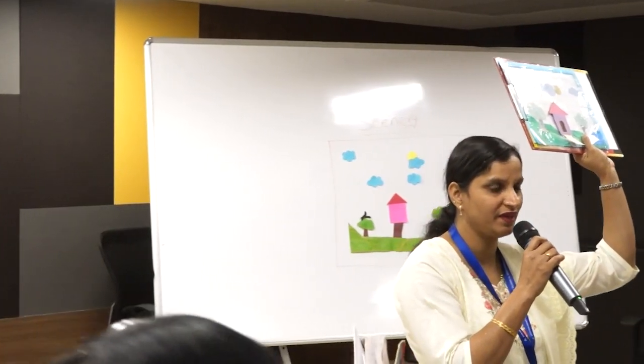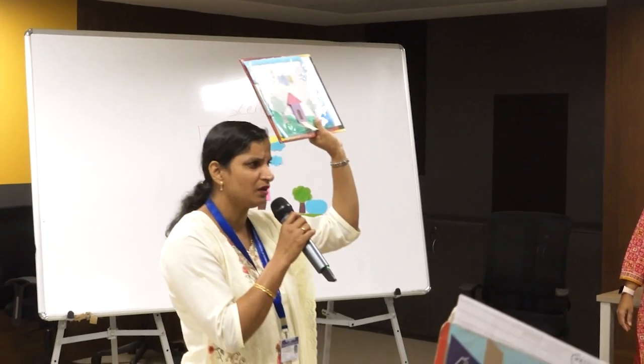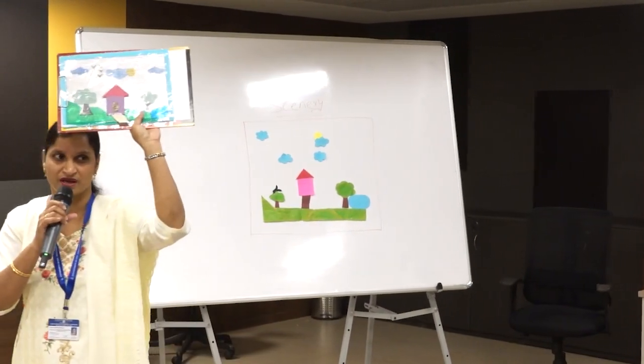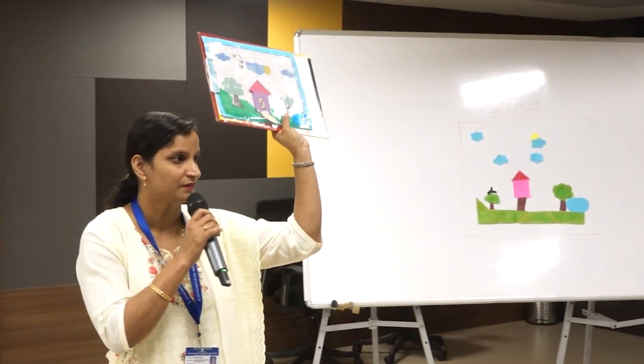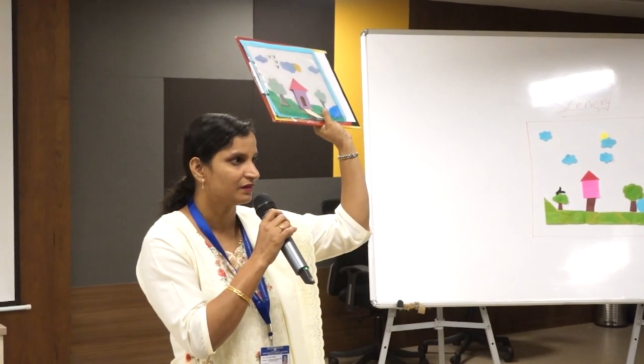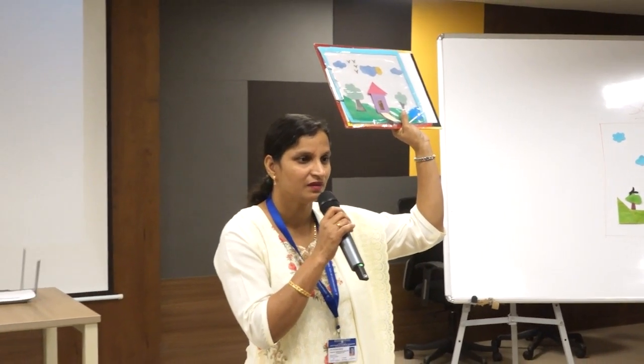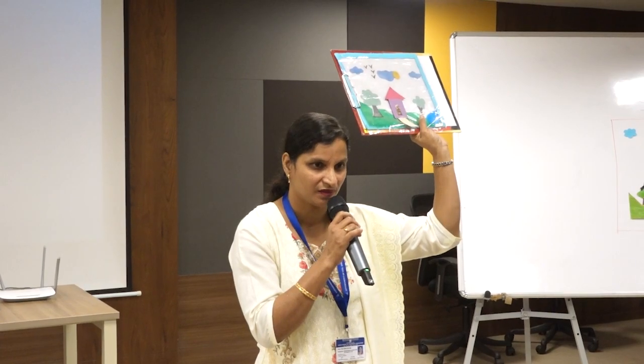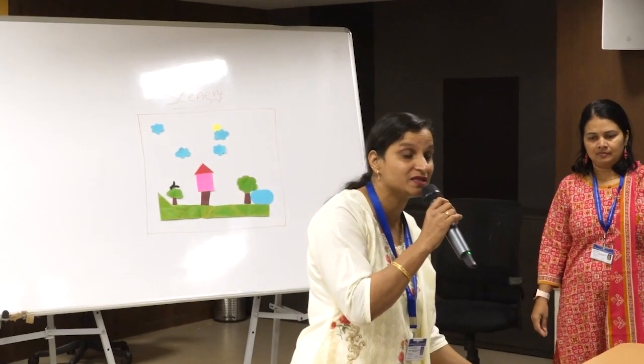Using transparent sheets, isn't it? Now in this scenery, similar to what you have done, can you tell me what you have learned today in this session? First, editing was possible. We can manipulate the images very easily.